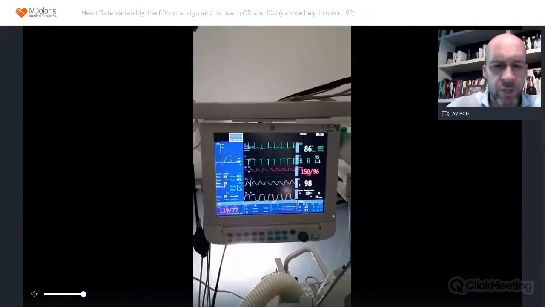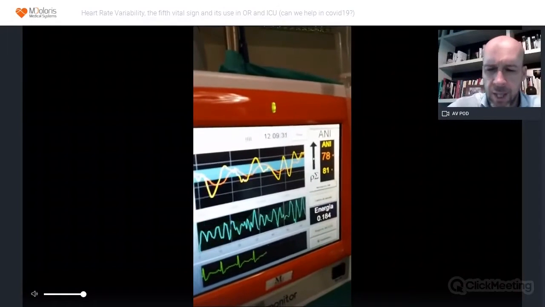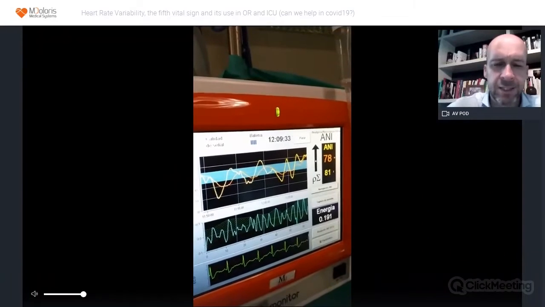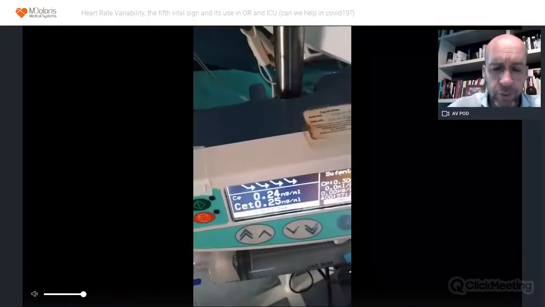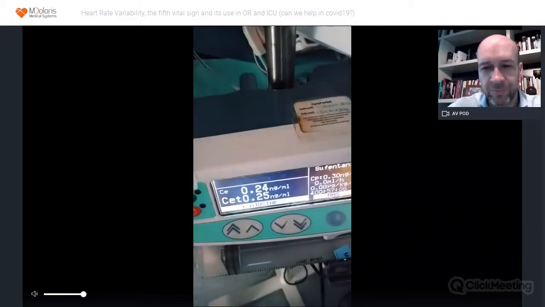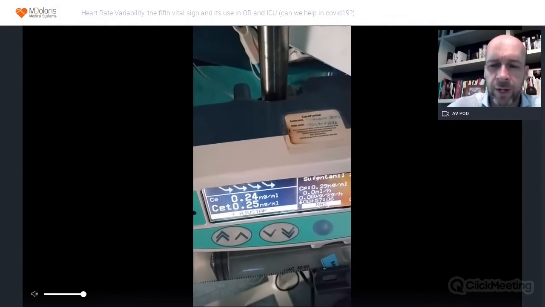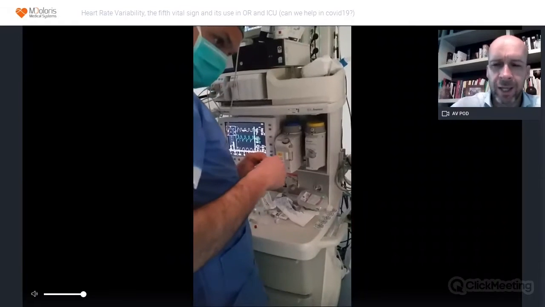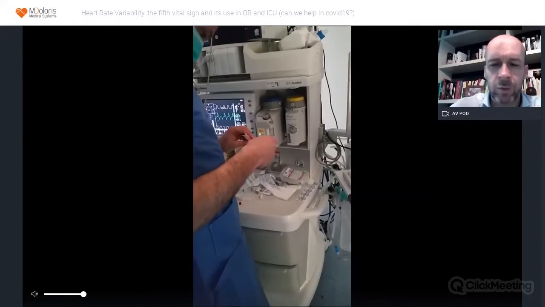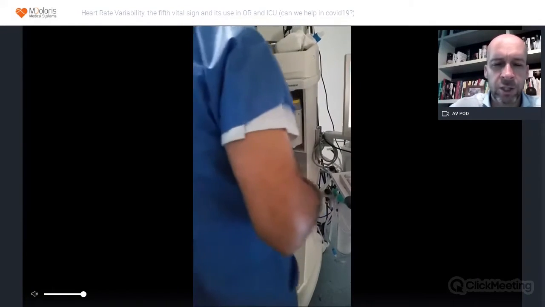So you can see here a patient with a high blood pressure, 150/96, with a high ENI, 78. You can see the energy is 0.2. Sufentanil, 0.24 nanograms per milliliter. So high ENI, high blood pressure. We don't need to increase the sufentanil.